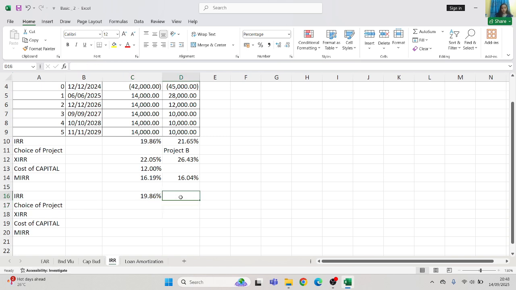For project B, values. Here project B's IRR is 21.65%.